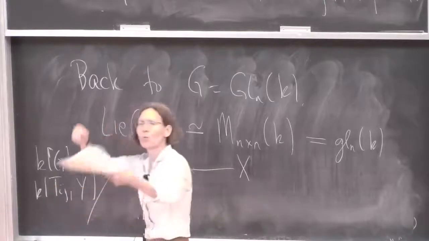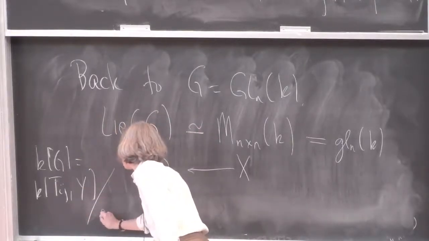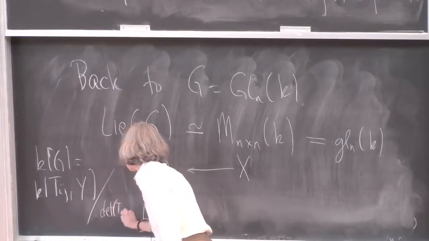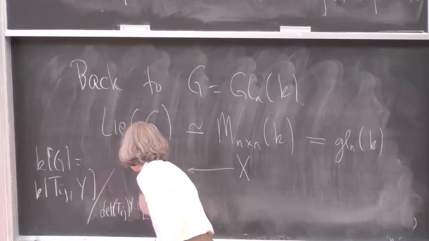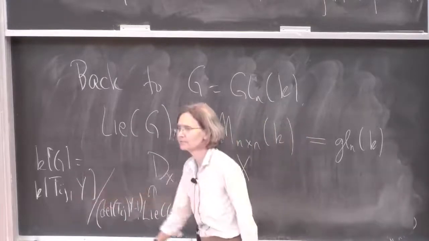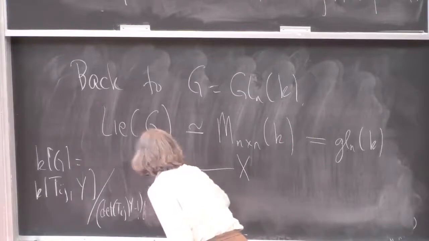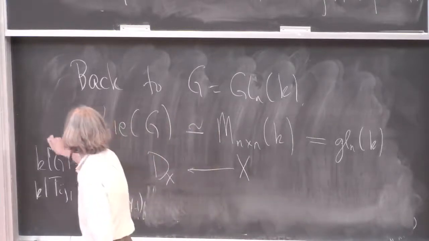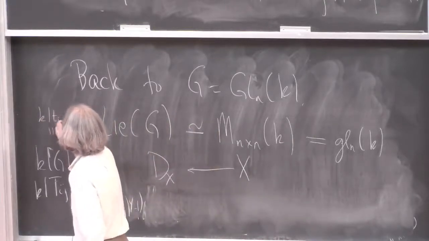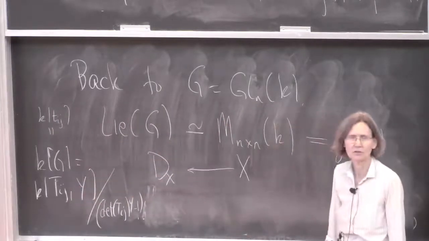It's closed one higher up, where you quotient out by the determinant of the T_ij matrix times y minus 1. That's your way of ensuring that you get a non-zero determinant. Now I don't want to write this down. I want to think of this as being K[t_ij], where little t_ij is the image of big T_ij in that quotient.